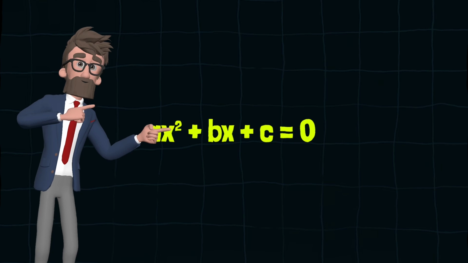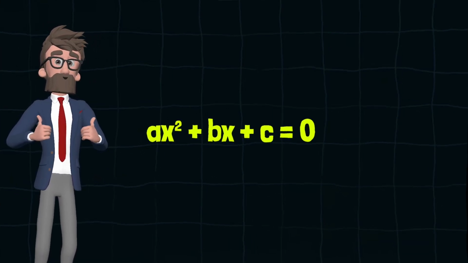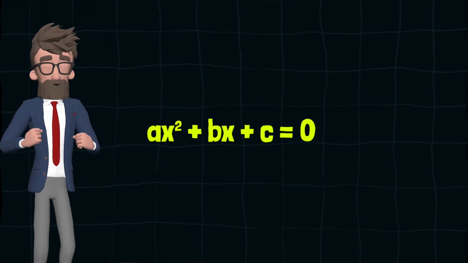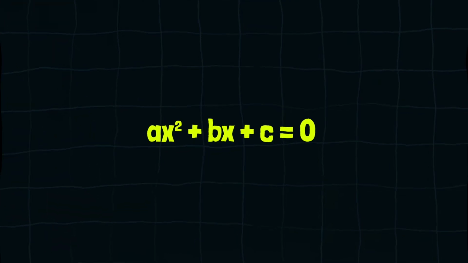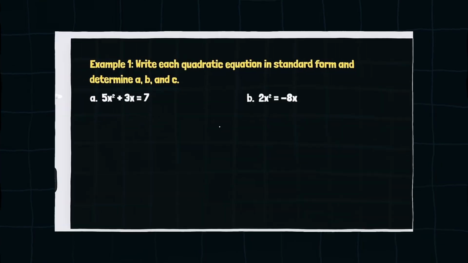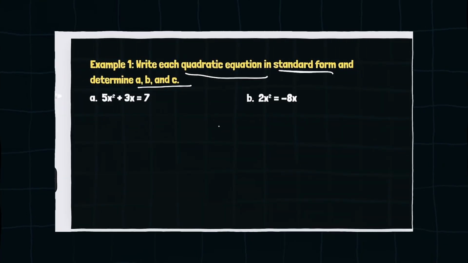Now as we move on, working with a quadratic is usually simplified when the quadratic equation is written in standard form, ax² + bx + c = 0. For the first example, we will write each quadratic equation in standard form and determine a, b, and c.